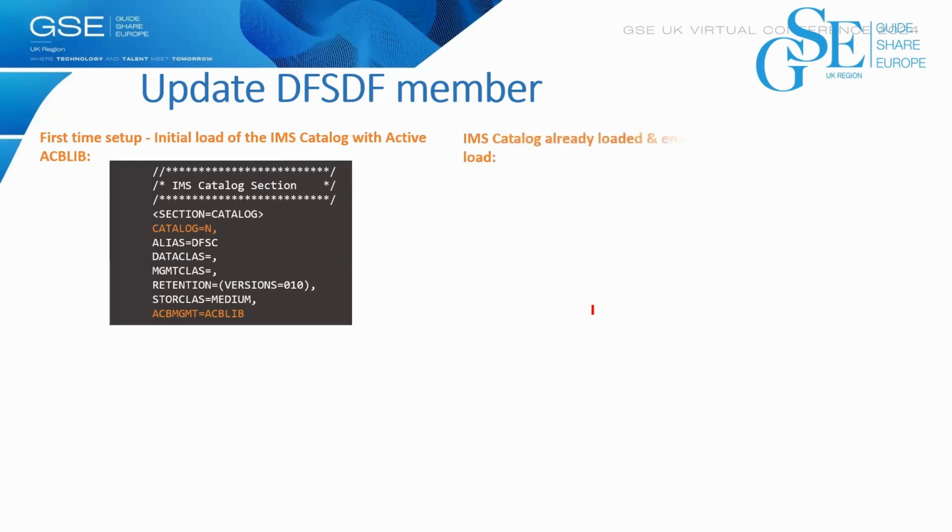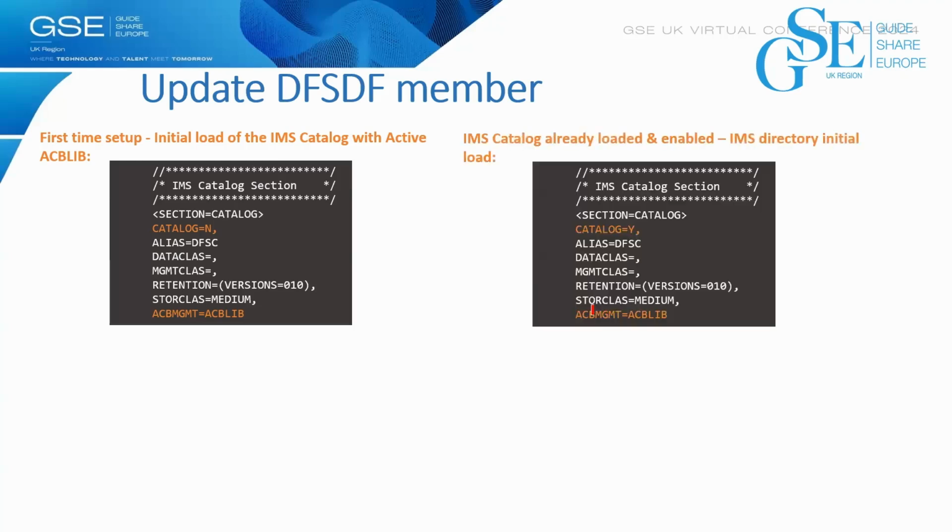Once you have the catalog set up, and you are running with the IMS catalog and the ACBLIB, you will have CATALOG set to yes, and ACBMGMT will be ACBLIB. Even when you are initializing your IMS directory with the populate utility, you need these set to CATALOG equals yes and ACBLIB only.